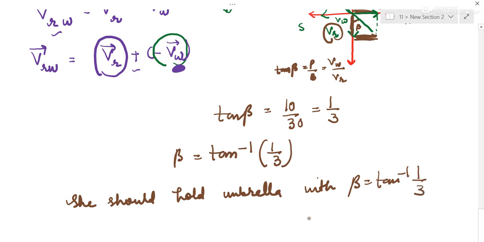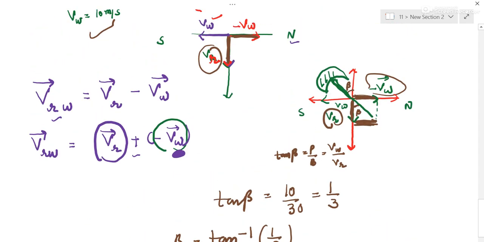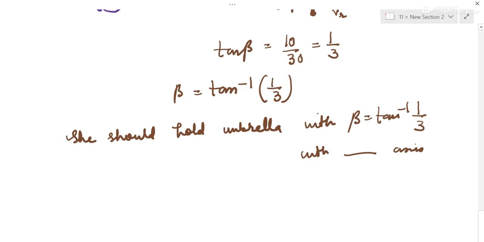Now you have to tell this angle is with which axis? With the dash axis. You can see this is the axis. So it is basically with the vertical direction.